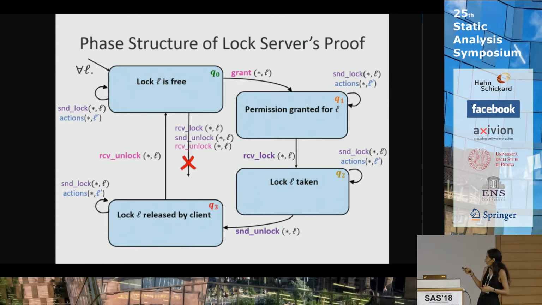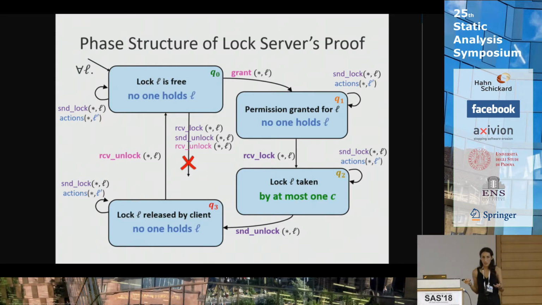And when I describe these phases, it's now very easy to see that the protocol is correct, because now here, in this phase, I know that no one holds the lock. The lock is free. So of course, there cannot be 2 clients that hold the lock. Here, I know that permission is granted, but still no one holds the lock. So of course the property holds.